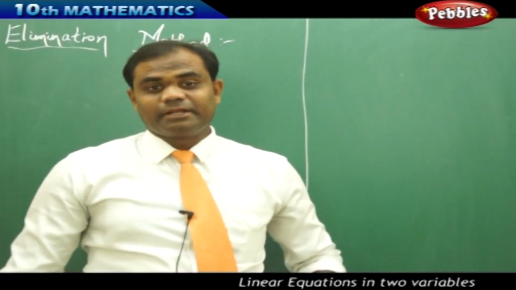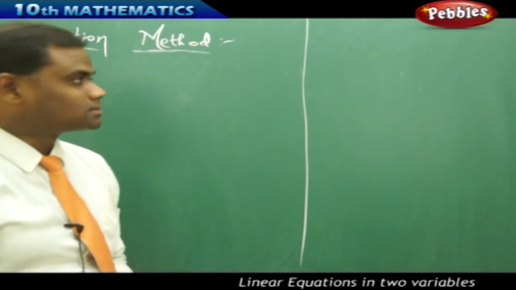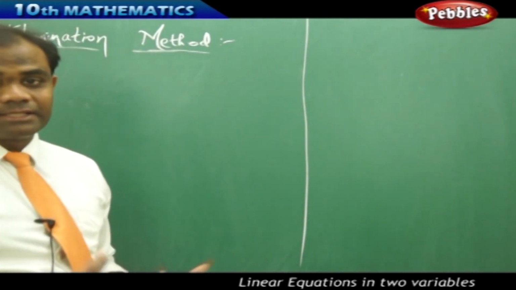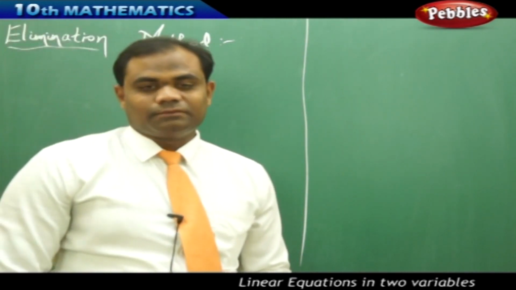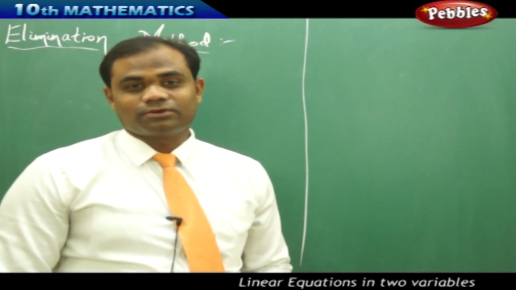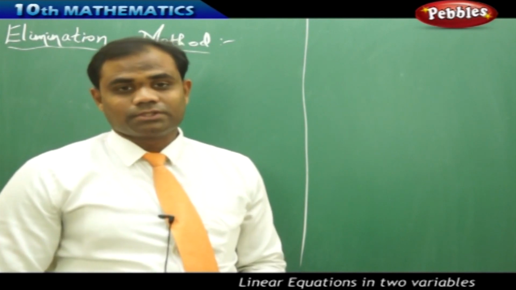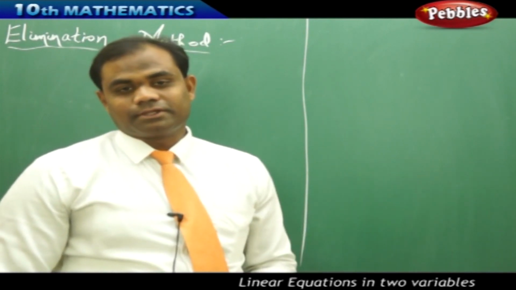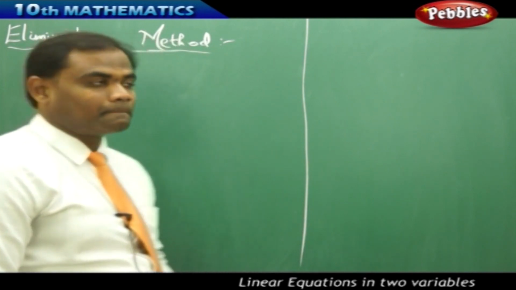Now let's see the elimination method which can be used for the example problem which I considered. And we'll see the rules involved in the elimination method used to find the values of x and y, the solutions of the linear equations in two variables x and y.